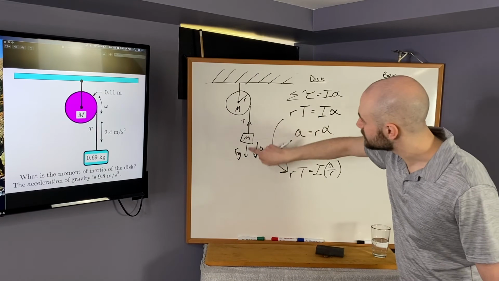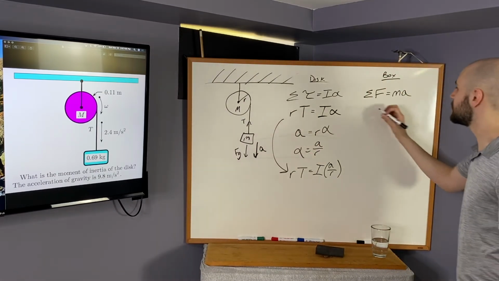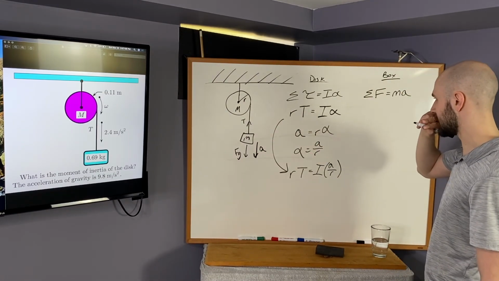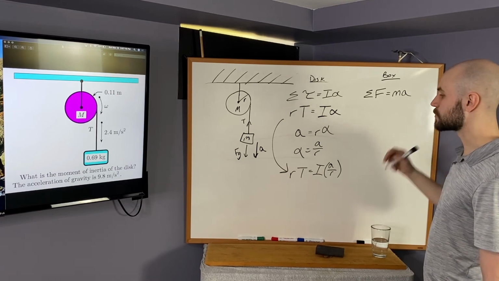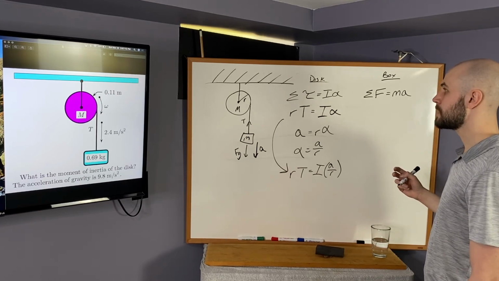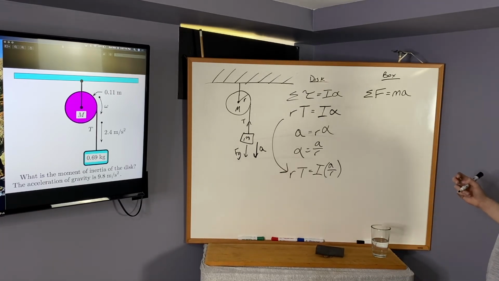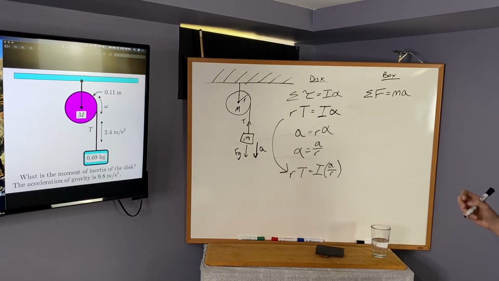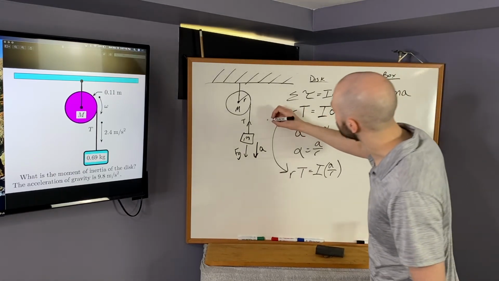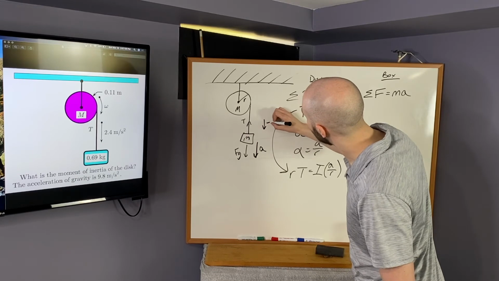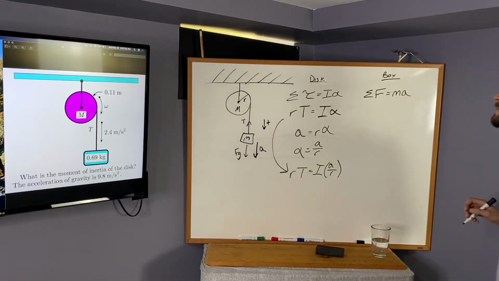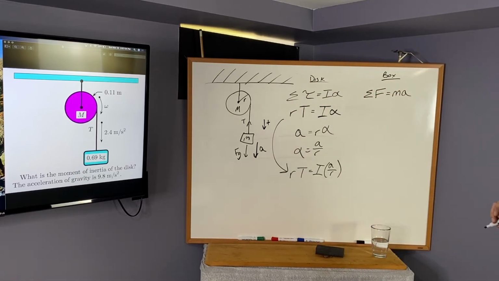We see that there are two forces acting on the box. We have tension acting up and gravity acting down. What we're going to do is call this way, down, positive. That way we don't have to plug in any negative values for our acceleration.